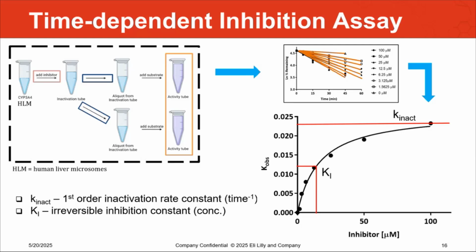And then your KI is your irreversible inhibition constant, which is a measure of the affinity of your inhibitor towards your substrate. And so we can conduct this experiment in the presence of an allosteric modulator and see how this impacts the observed rate of change in the assay and eventually the kinetic parameters of Kinact and KI, which are important when we then go to scale and predict our drug-drug interactions.